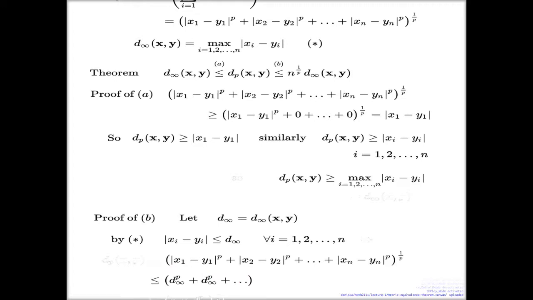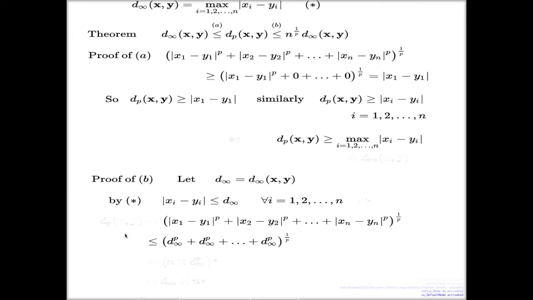Every one in its turn will get replaced by d infinity to the power p, which is a common factor across the whole sum. We can factor it out, and that's the expression we come up with. This is repeated n times, that's why we have the n factor, which gives me this expression after simplification. That is exactly the B side, look at this.